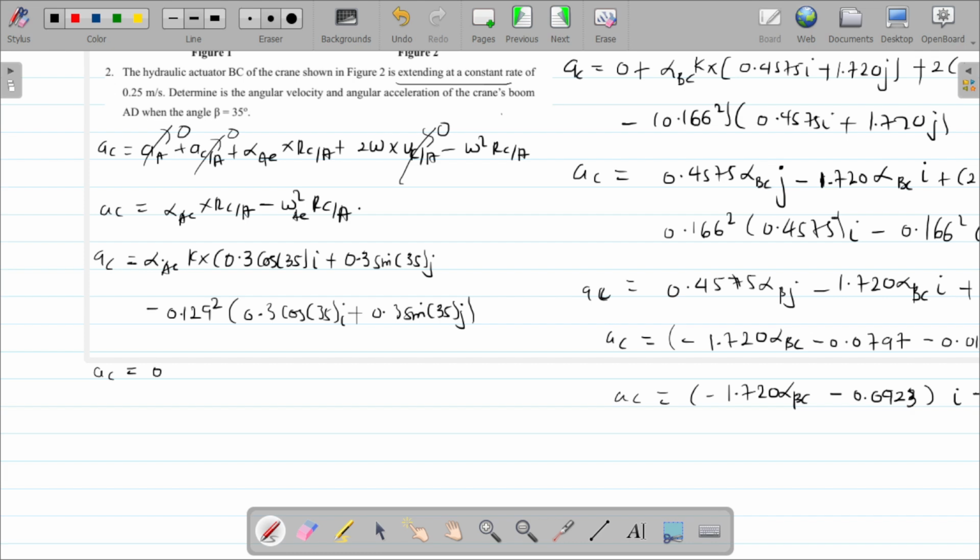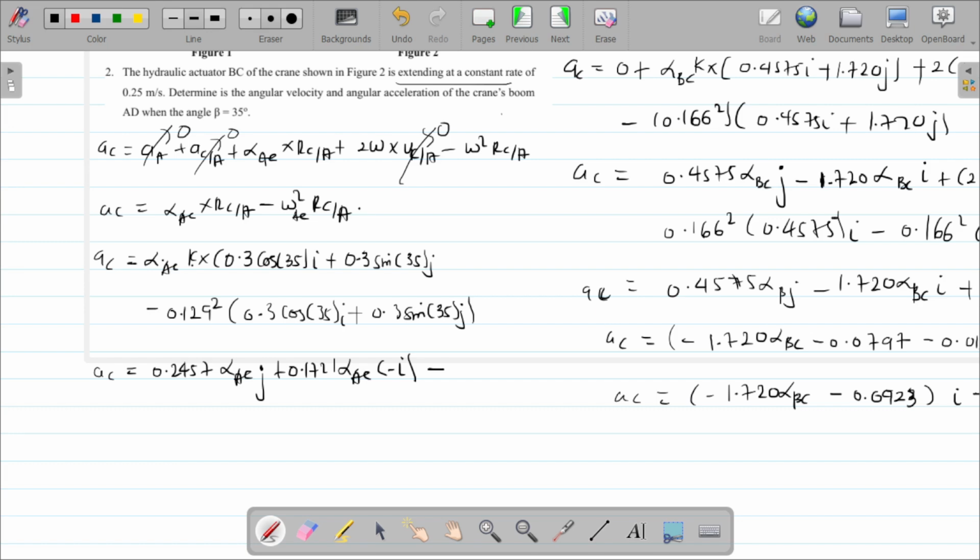So that gives us 0.2457 alpha AC, and then K cross I, that is J. Next, 0.3 sin 35, 0.1721. So plus 0.1721 alpha AC. K cross J is what? Negative I.